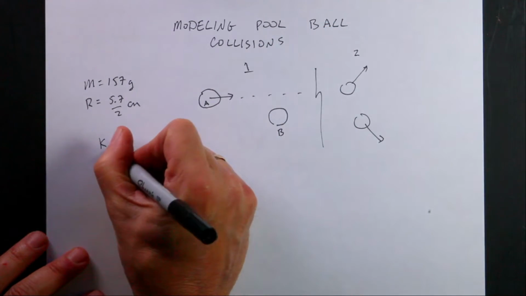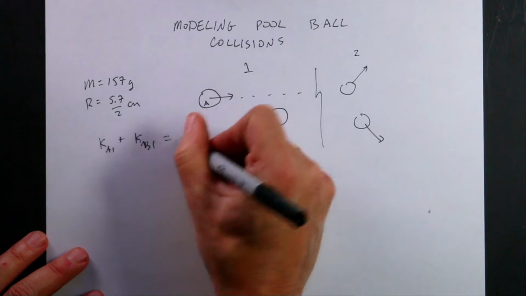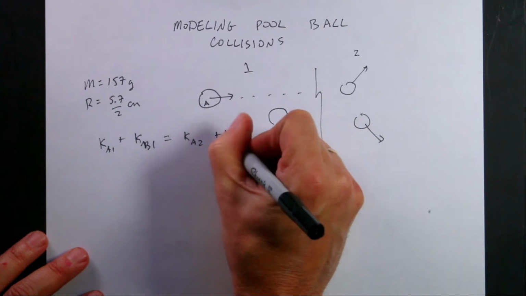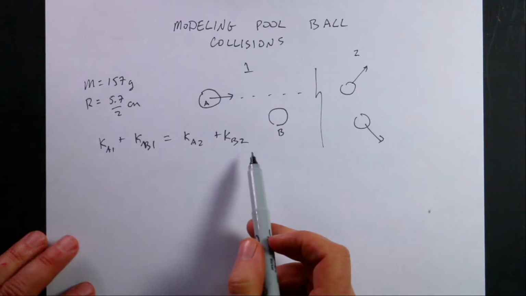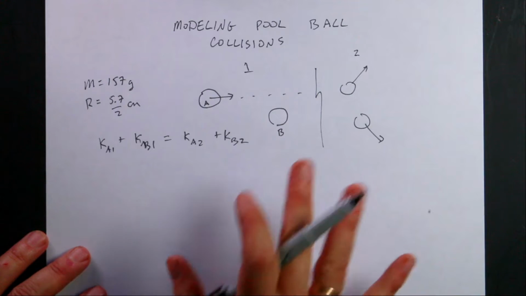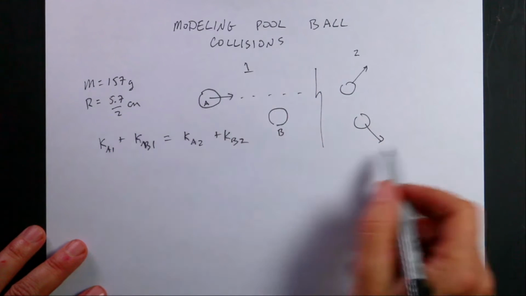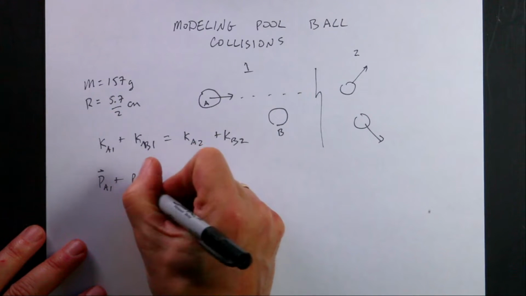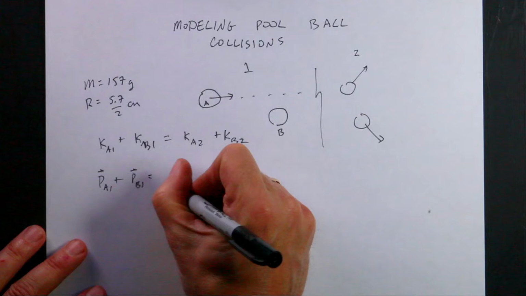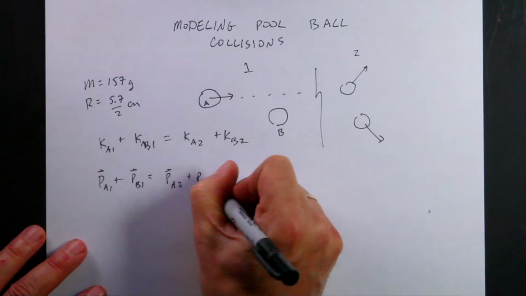Then KA1 plus KB1 equals KA2 plus KB2. This is the kinetic energy before equal to kinetic energy afterwards. That's true for an elastic collision. What's also true is the momentum before is equal to momentum afterwards: PA1 plus PB1 equals PA2 plus PB2.